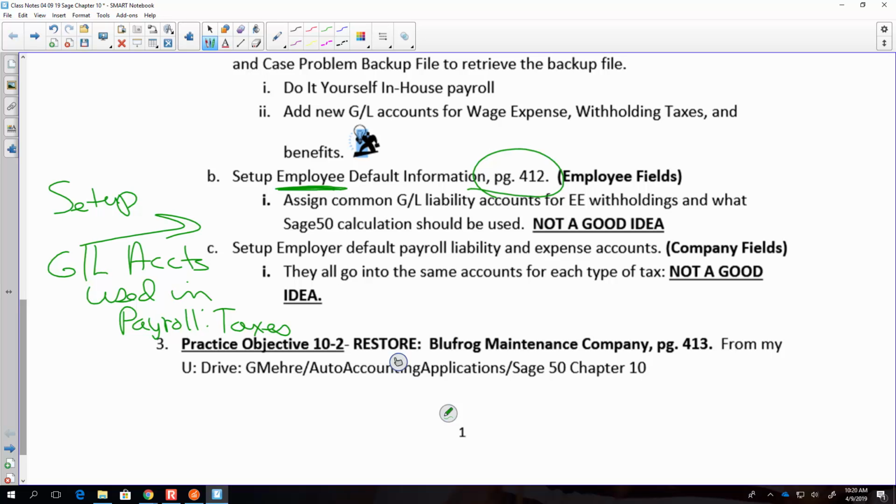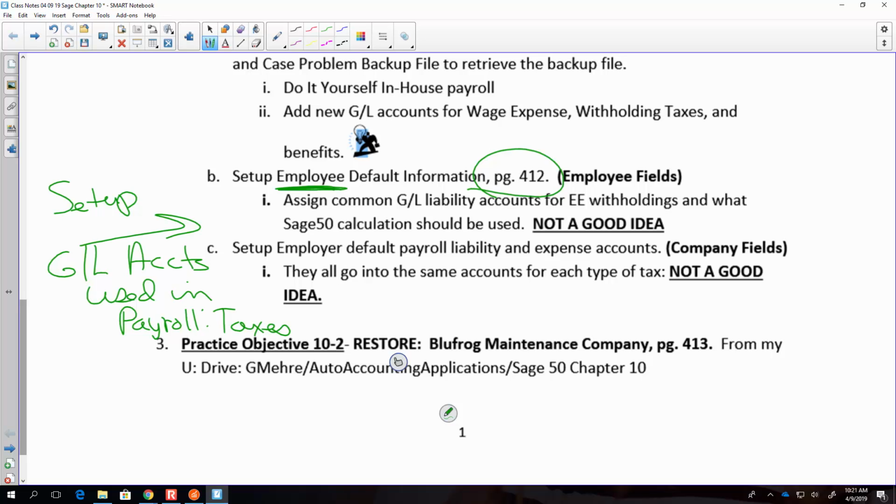Federal unemployment, state unemployment. What are the first two? Social Security and Medicare, right? So that's the other half. Remember, Social Security and Medicare are matched. California, again, that's what the C is for, has an employee training. You can cross that last one off too. Wisconsin does not have an employee training tax.